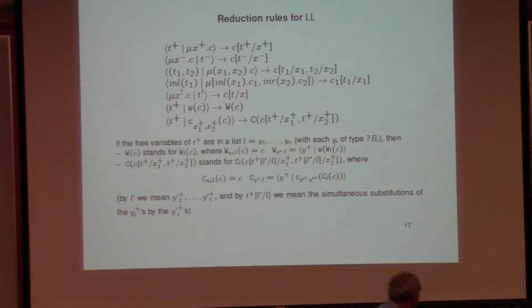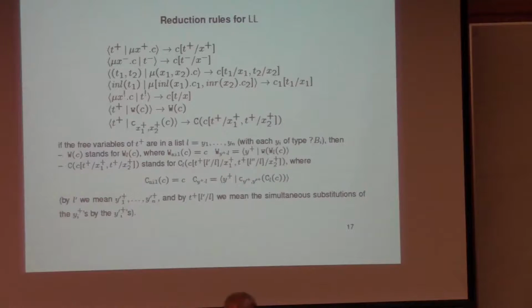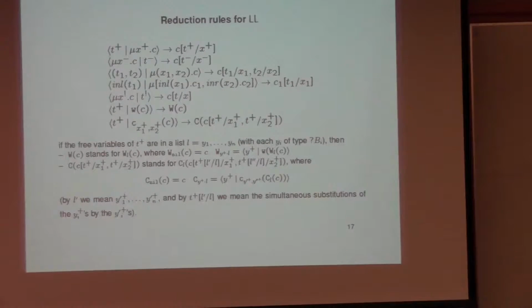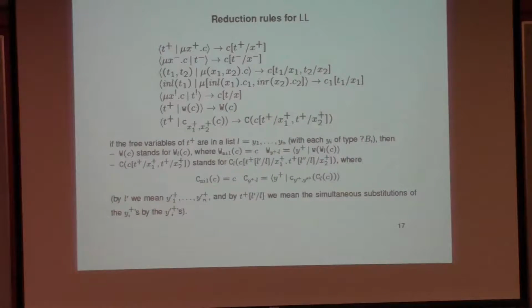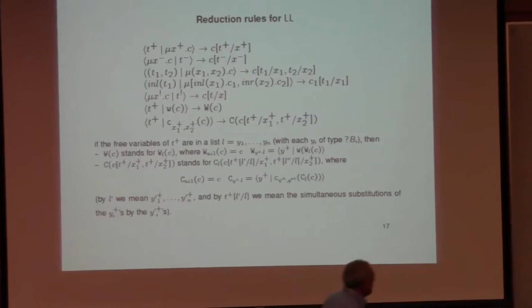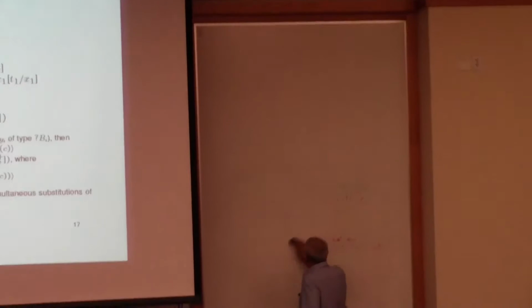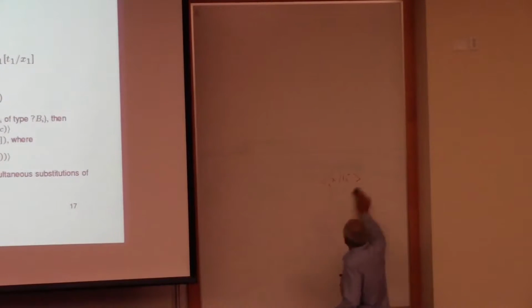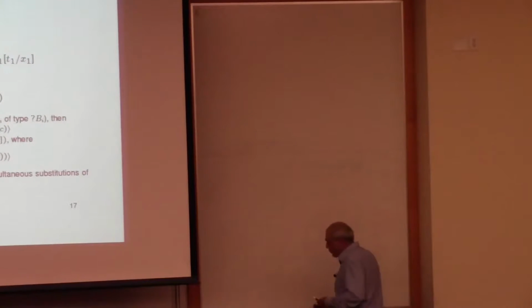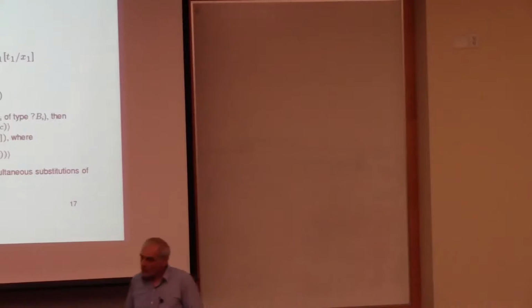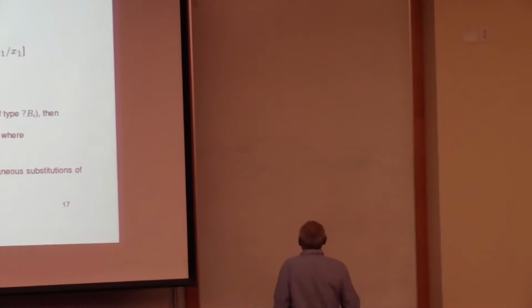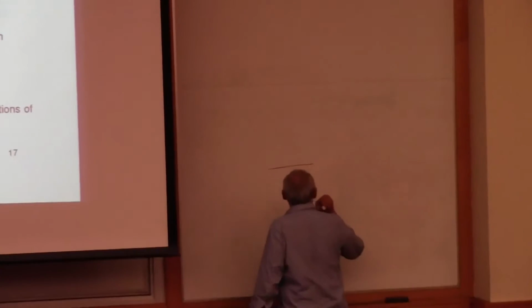So let me just illustrate this and just make sure that everybody sees why linear logic forbids that. So the really bad critical pair, which we don't have in linear logic, but which we will face when we remove the restriction on contraction and weakening, is this one.